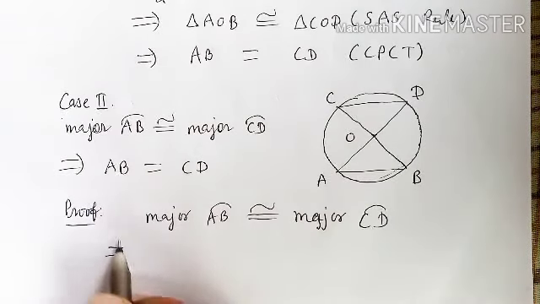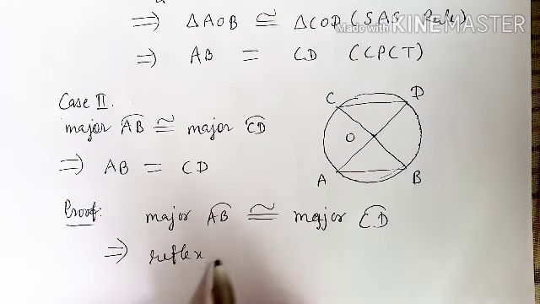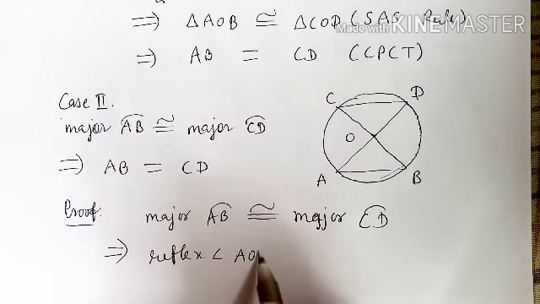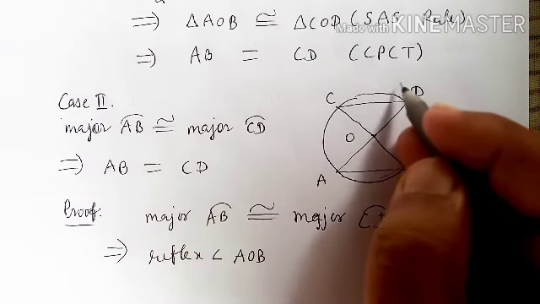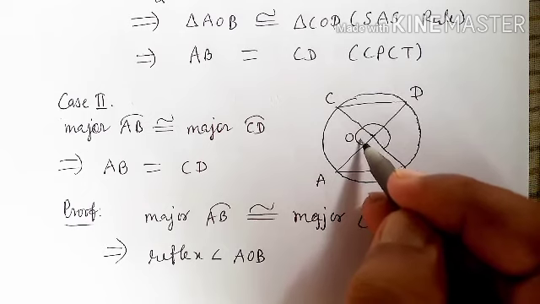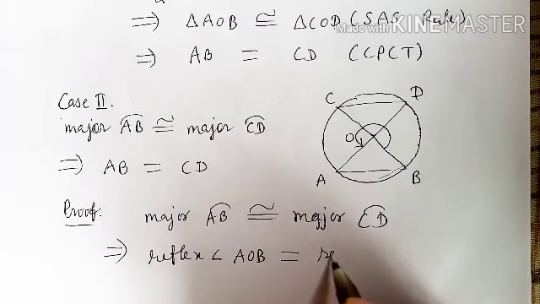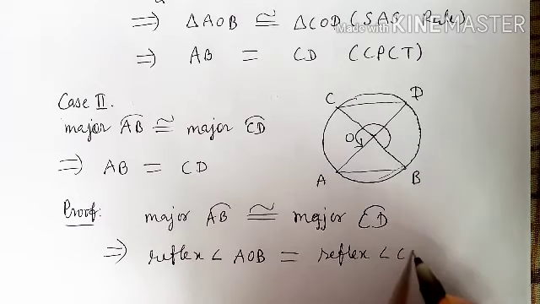This implies that reflex angle AOB, since major arc AB is this one, which makes this angle at the center, so reflex angle AOB is equal to reflex angle COD.